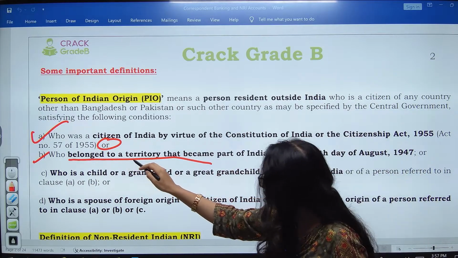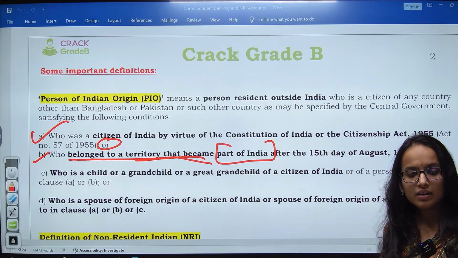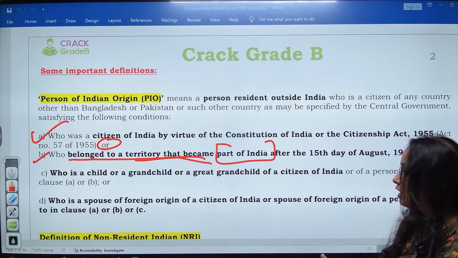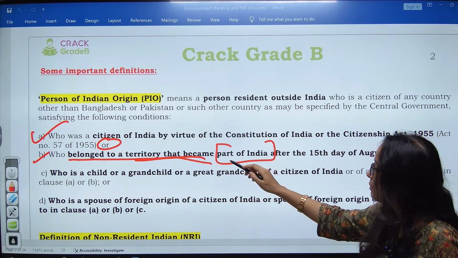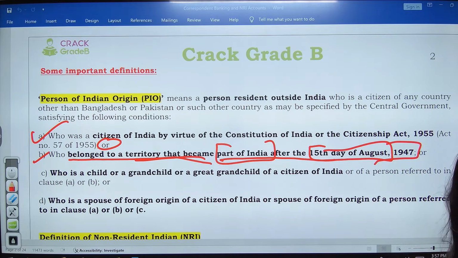Who belonged to such a territory that later became part of India when we gained independence, that is, a territory that became part of India after 15th August 1947.